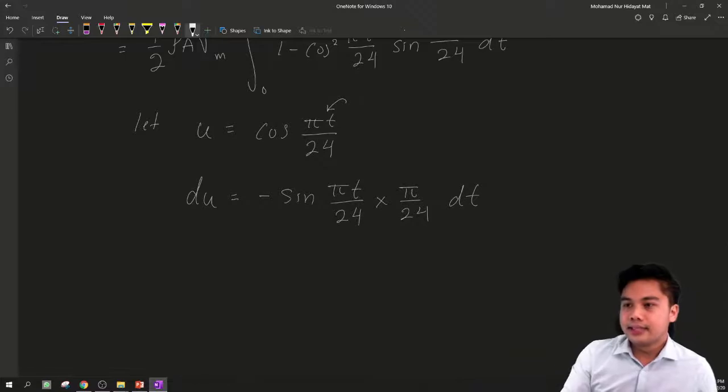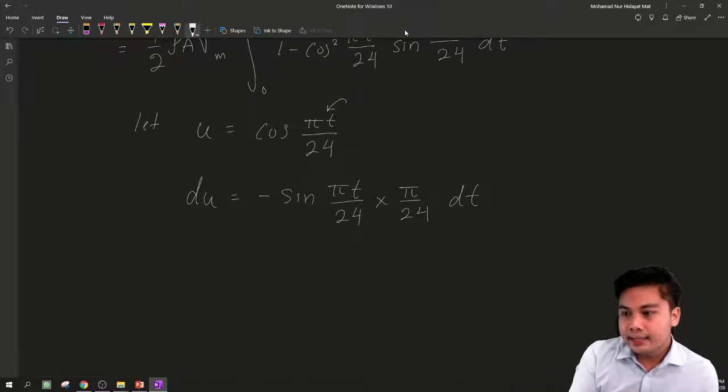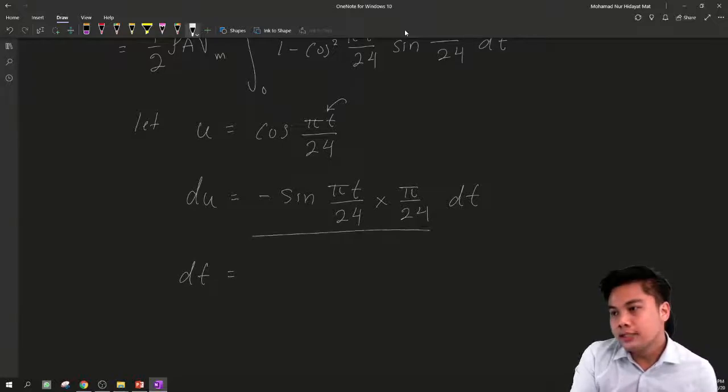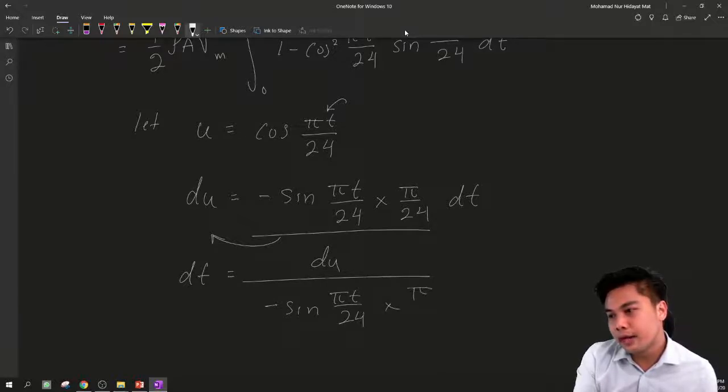Alright, next we make dt the subject. We shift all this to the other side, and it becomes du over negative sine pi t over 24 multiplied by pi over 24.